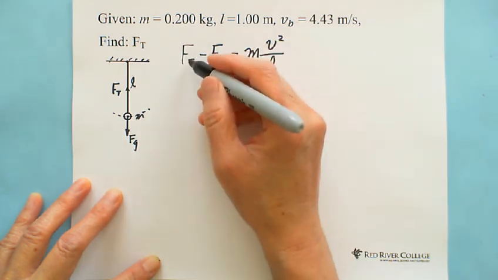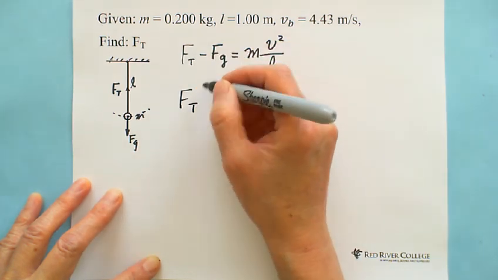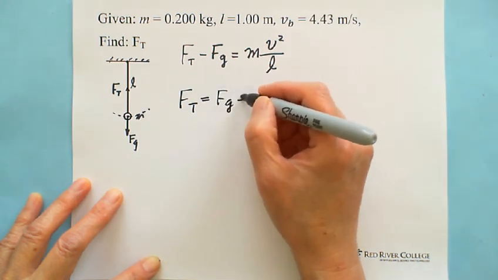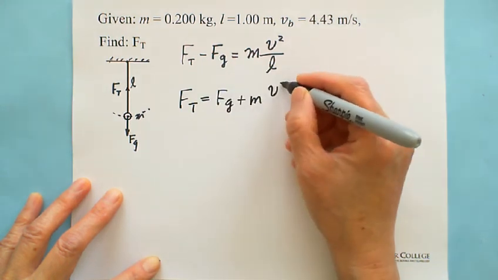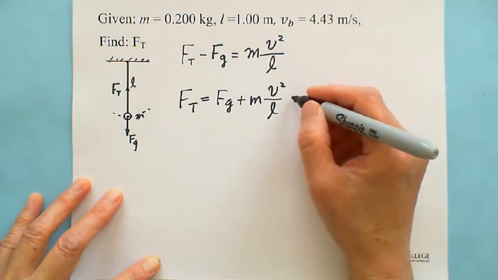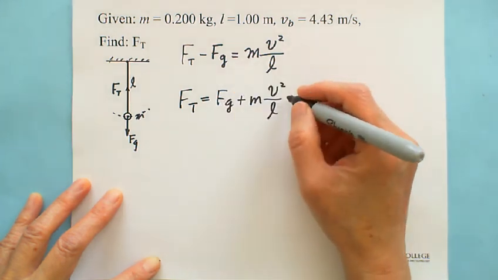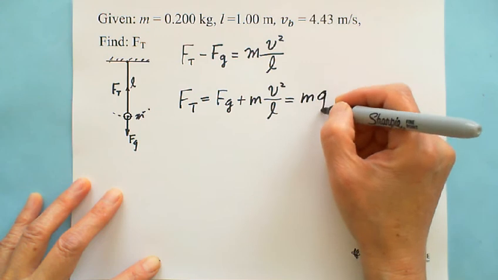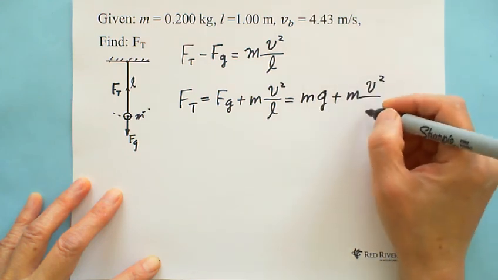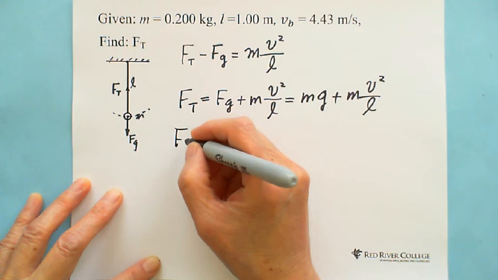Then we're looking for tension force, so we move Fg to the other side: plus mv squared over L. Fg equals mg, so we got the tension force.